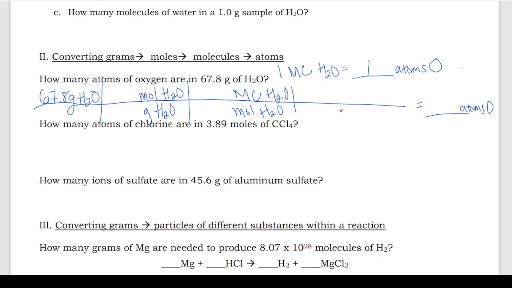And then I can bring molecules of H2O to the bottom. And then what would go on top? Atoms of oxygen. So my grams of H2O cancels with grams of H2O. Moles cancels with moles. Molecules cancels with molecules. And then I'm left with atoms, which is what I'm looking for. So that's when I stop.